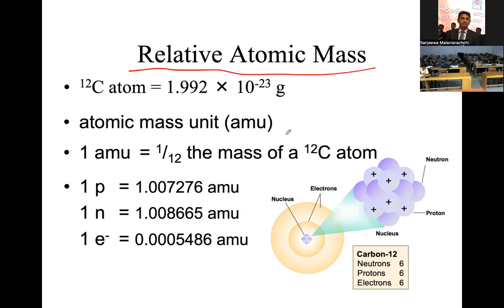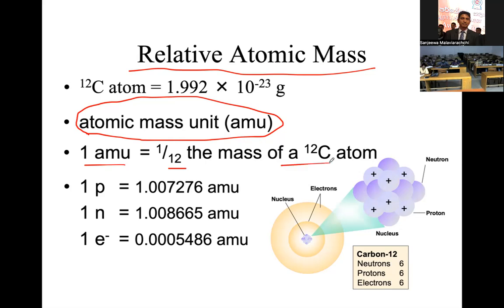Relative atomic mass is given in atomic mass units, AMUs. Remember AMUs in your A-level chemistry? 1 AMU means 1/12 of the mass of the carbon-12 atom.